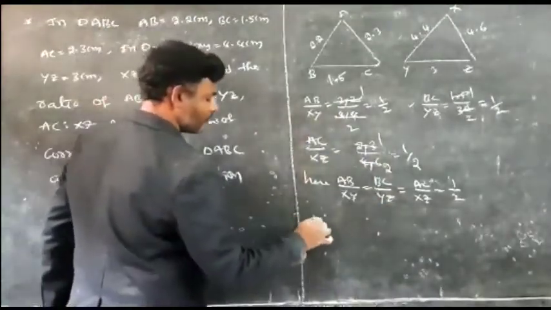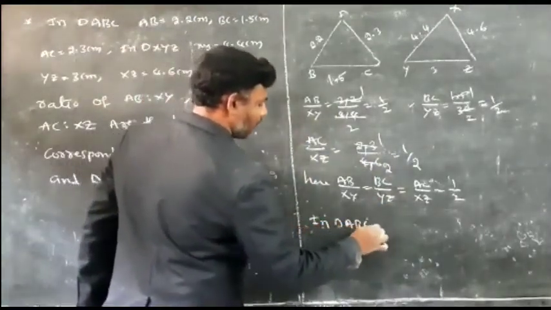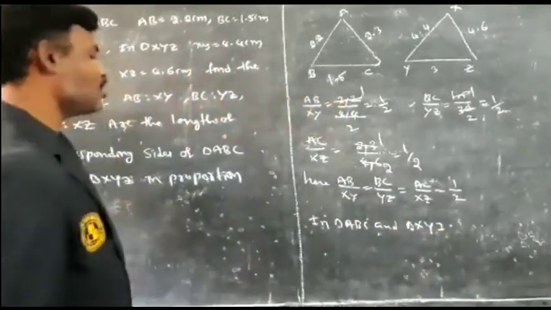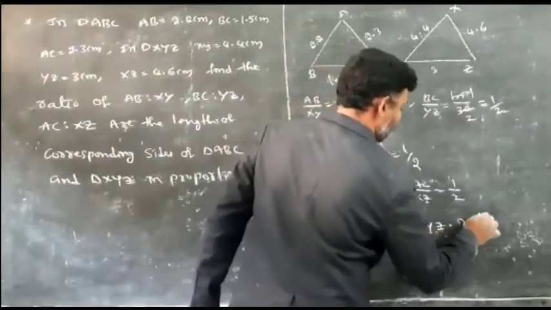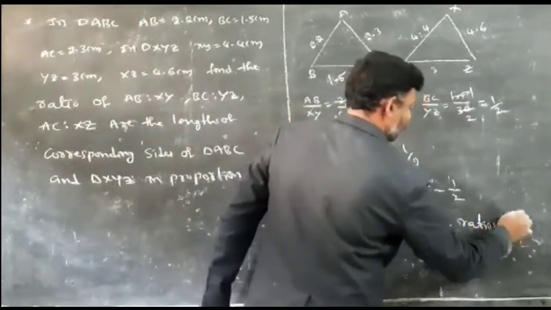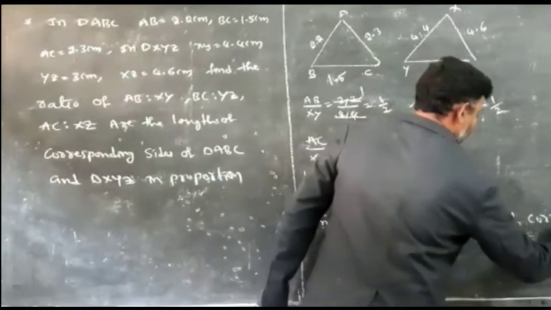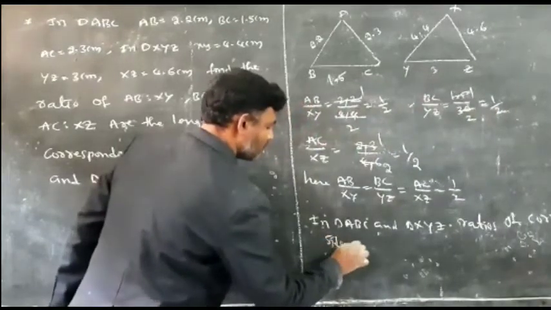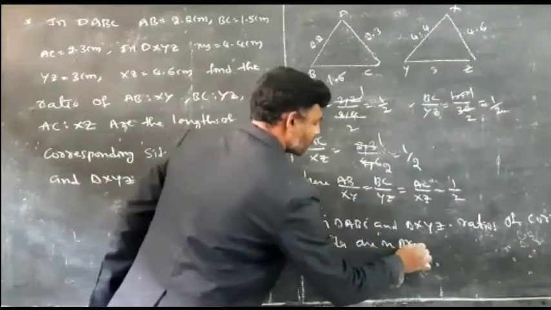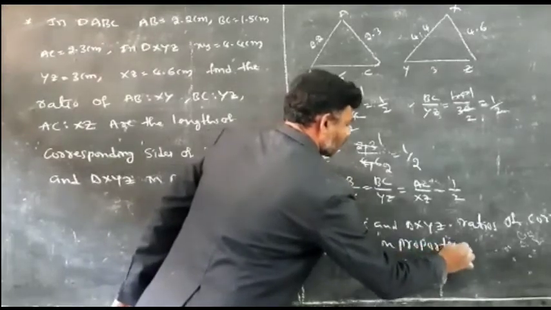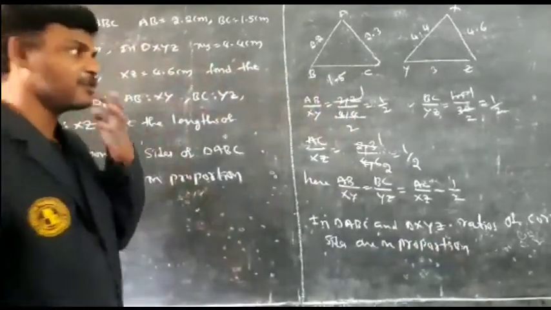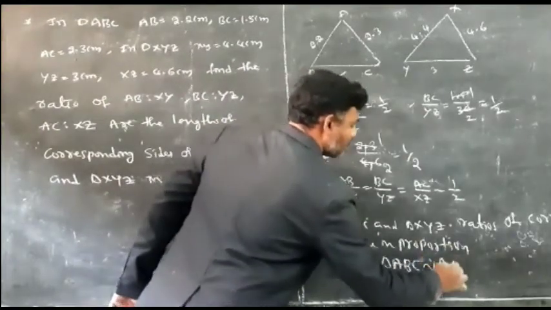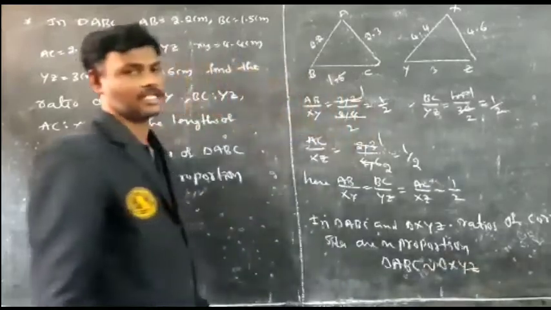So in triangle ABC and triangle XYZ, the ratios of the corresponding sides are in proportion. If the ratios of the corresponding sides are in proportion, the two triangles are called similar triangles. So we can say triangle ABC is similar to triangle XYZ.